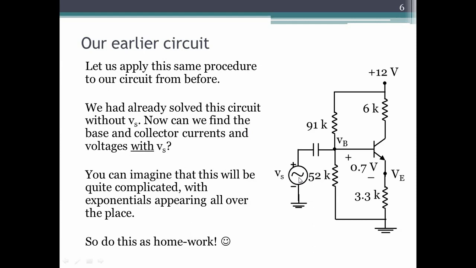Now you can imagine that this is not going to be easy, because there are going to be exponentials all over the place. I'm not sure if you did much of exponentials doing DC analysis before the midterm, but of course you can imagine that there are going to be exponentials while we try to solve. It is very complicated. Therefore, you do this as homework. I am not going to do it, but please do this as homework. Find the base current and the collector current and the collector voltage in the presence of Vs using the exponential.